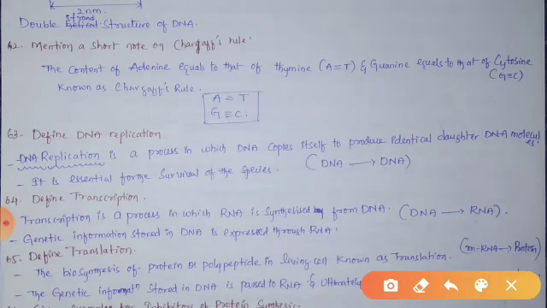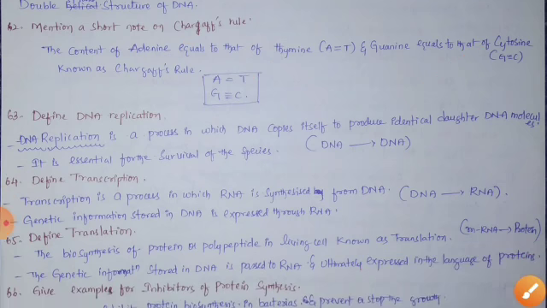Mention a short note on Chargaff's rule. The content of adenine equal to that of thymine, and guanine equal to that of cytosine, is known as Chargaff's rules. That is, the number of adenine moieties present in the structure of DNA equals the number of thymine, and the number of guanine molecules equals the number of cytosine.